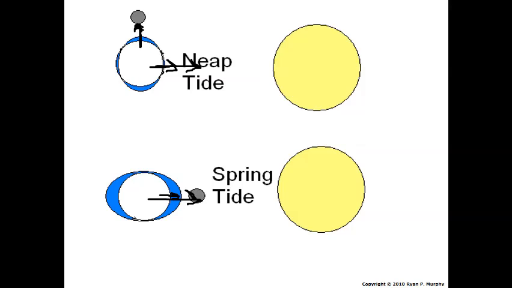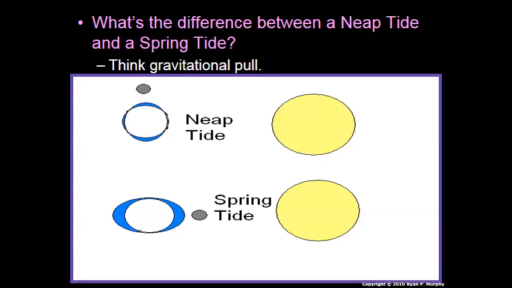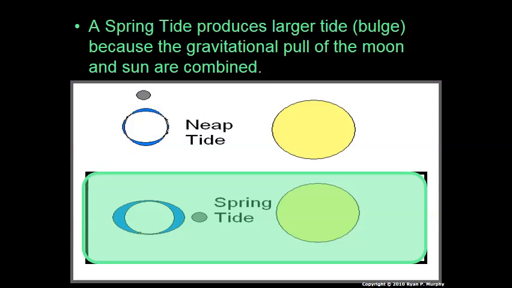Whereas for a spring tide, the high tides are extra high and the low tides are extra low. All right. So this is all about gravitational pull here. This is the idea of working against each other or working together.